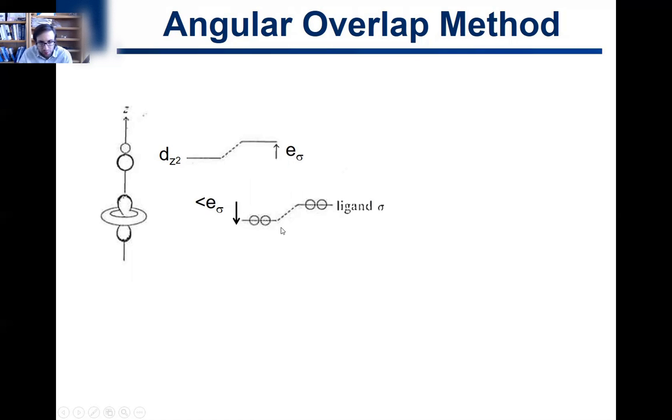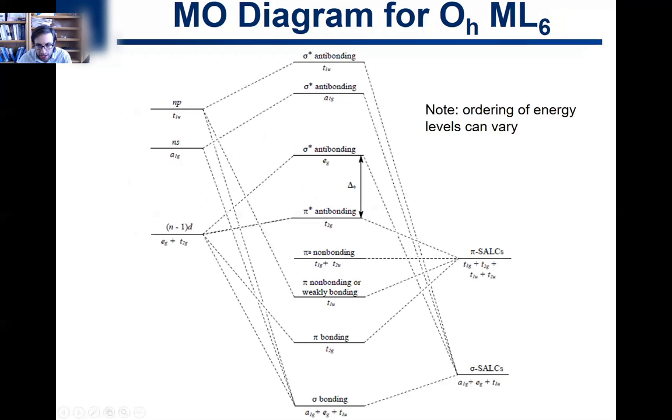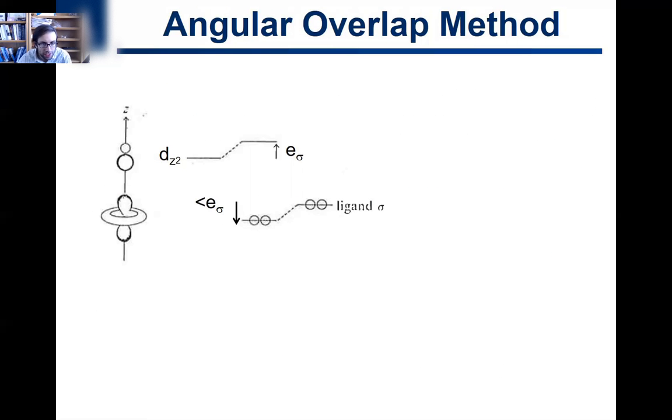And then we know that the ligand molecular orbital is going to go down, starting from the sigma salt, because it's a bonding interaction. That's less relevant to us most of the time, but it's going to go down some value, less than whatever the value of E sigma is.